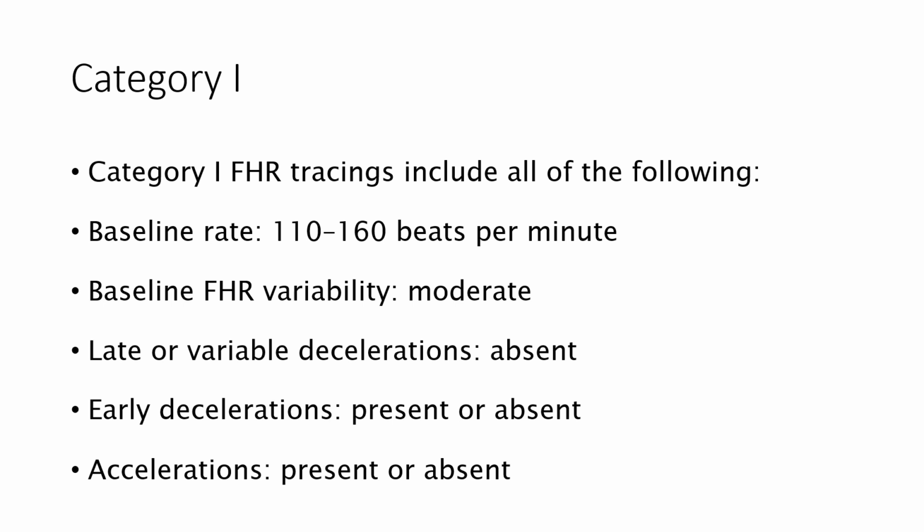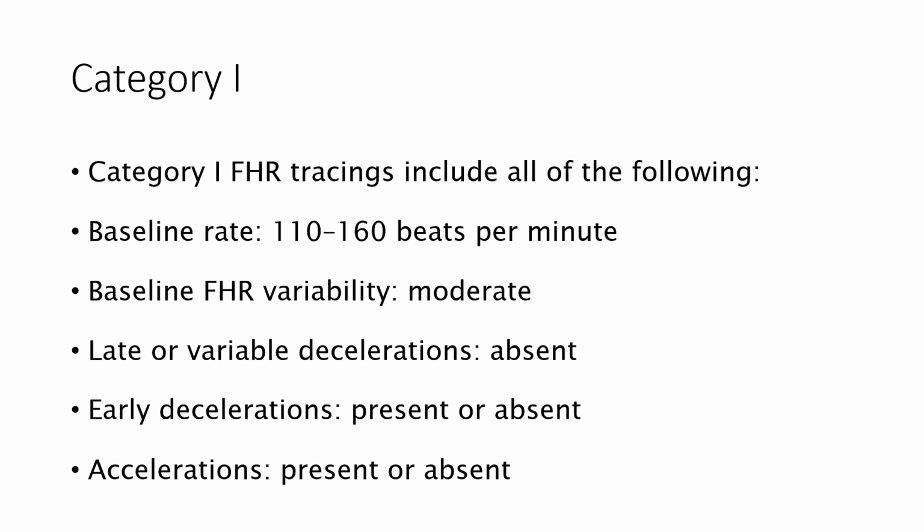What we are saying here is the American College guidelines. If some of you are reading from the Royal College, the NICE guidelines, they're gonna have some differences. According to the American College, they categorize the tracing into 3 categories: category 1, 2, and 3. 1 is the normal.